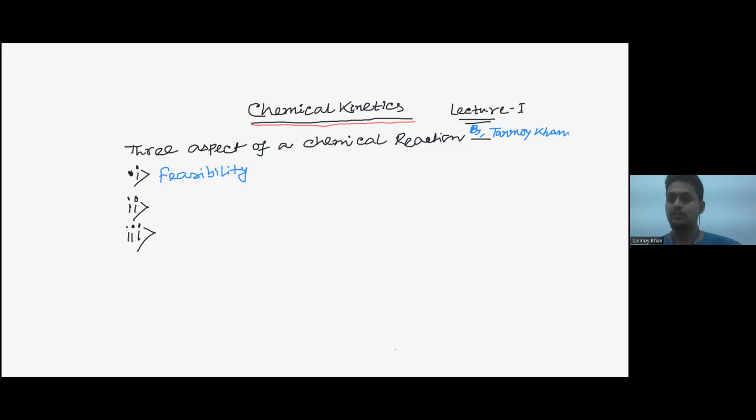That's why it is inert, and we can do whatever we want with it. But if it reacts, then there is no point of having this. So that is the feasibility. When a reaction will happen and when it will not happen is mainly dealt with by chemical thermodynamics, right?